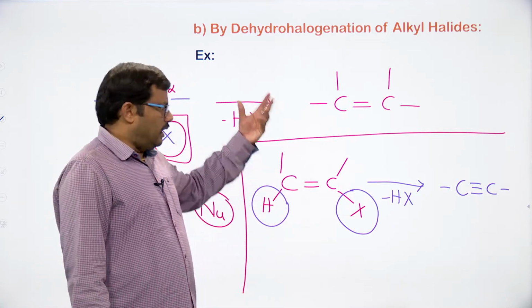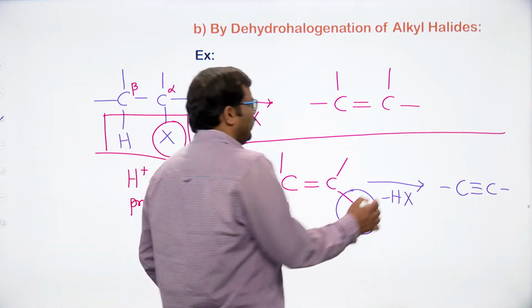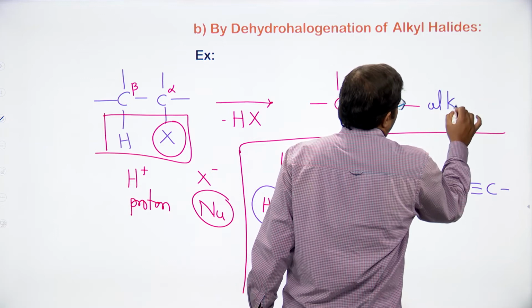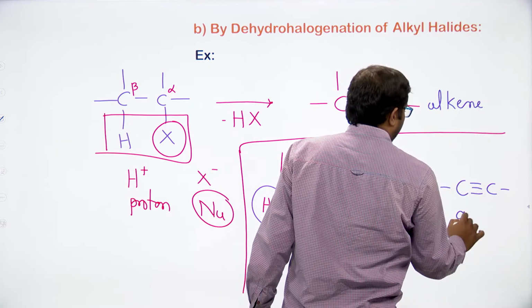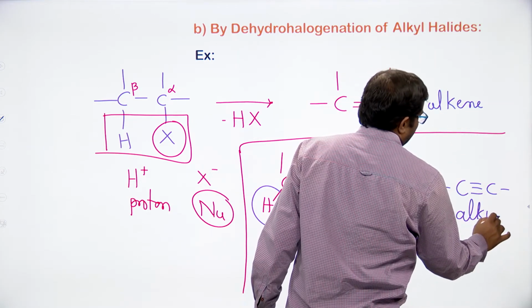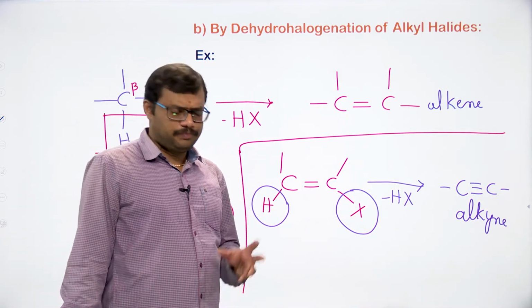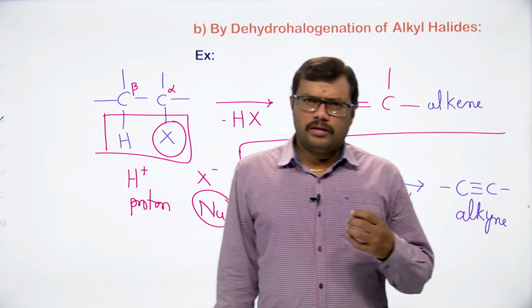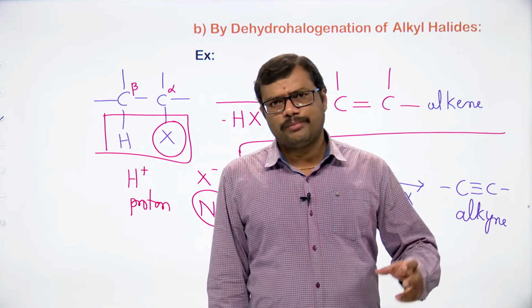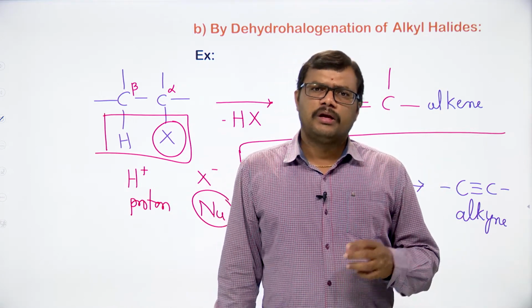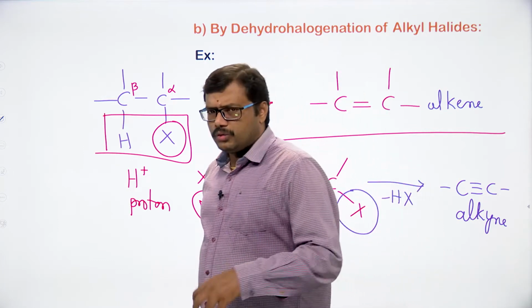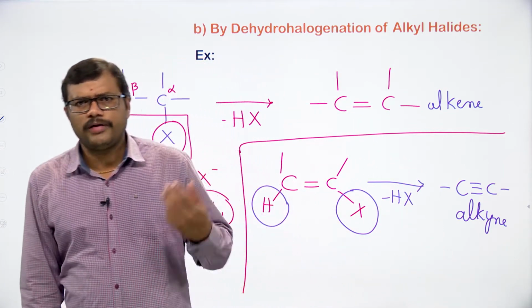Okay. So, in elimination reactions, it may lead to the formation of an alkene, or it may lead to the formation of an alkyne. In these reactions, one group or the nucleophile is removed from the alpha carbon atom, and the other carbon atom, the beta carbon, loses the proton, hydrogen, in the form of H plus ion.